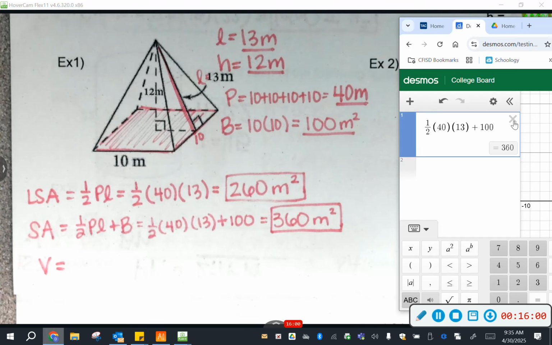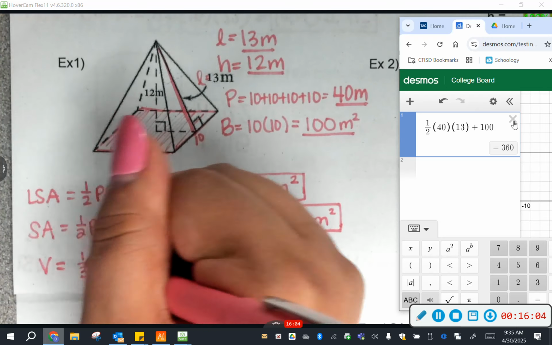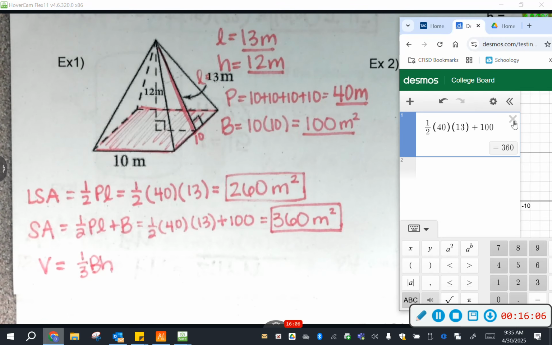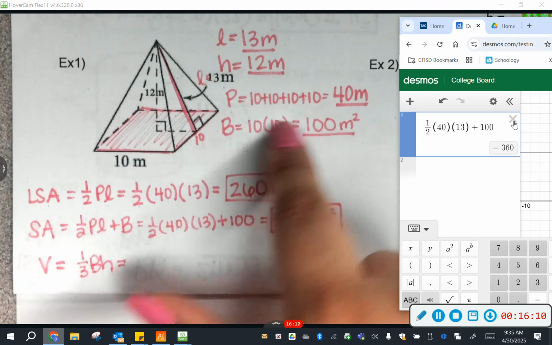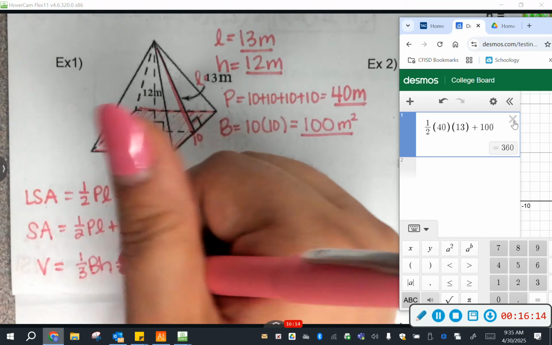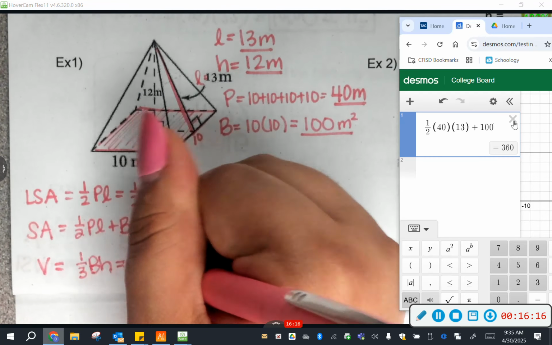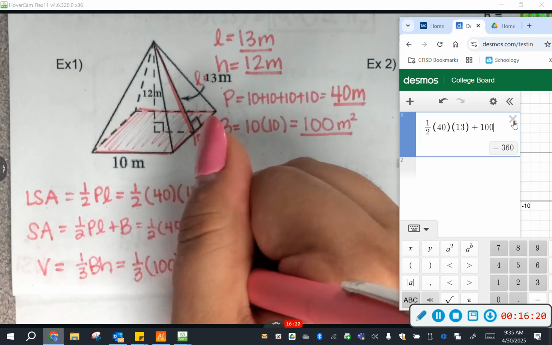What is the volume formula? 1/3 big B H. So the height that we found over here of the prism. So we already found big B. What was big B? Yep. And what was the height of my prism?